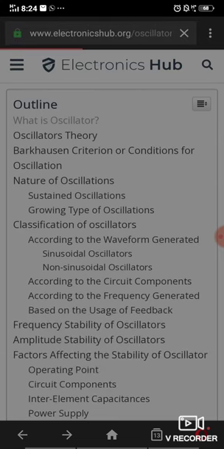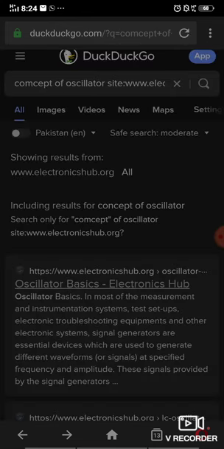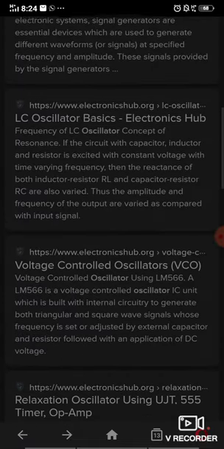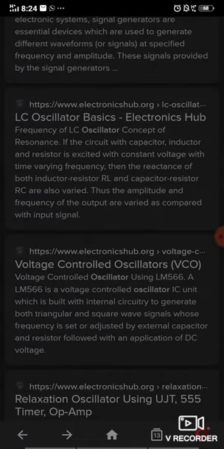So we move back, and now we get a test review about oscillators on the next website. Voltage controlled oscillator using LM566.